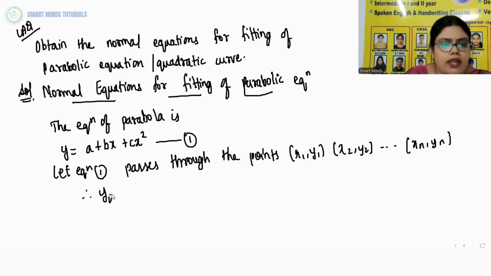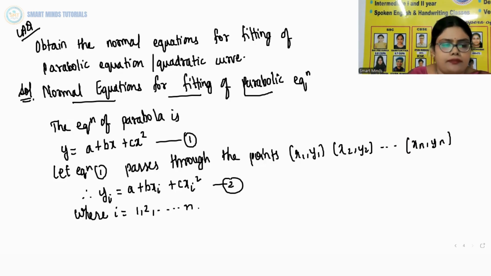Therefore, yi = a + bxi + cxi². So in the place of x and y, we are substituting xi, yi, first x1, y1, then x2, y2, and so on up to xn, yn. So this is equation number 2, where i takes values 1, 2, and so on up to n. Now let Ei be the error.